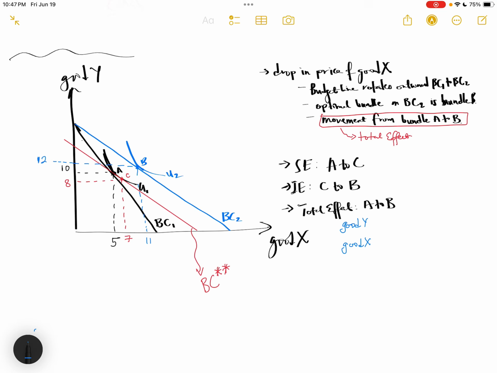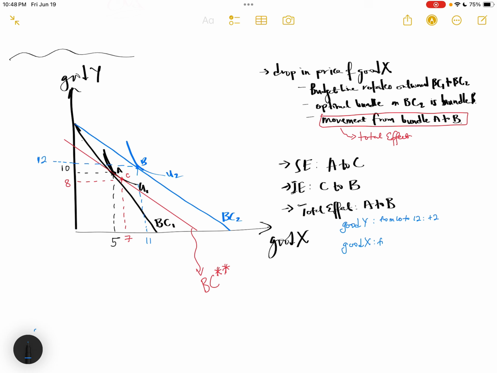Total effect A to B. For good Y, it was from 10 to 12. Yeah, so plus 2 units of good Y. Total effect along the x-axis from A to B, 5 to 11.